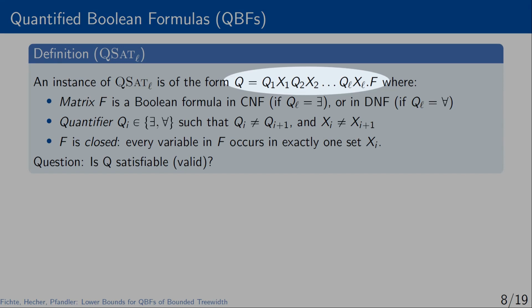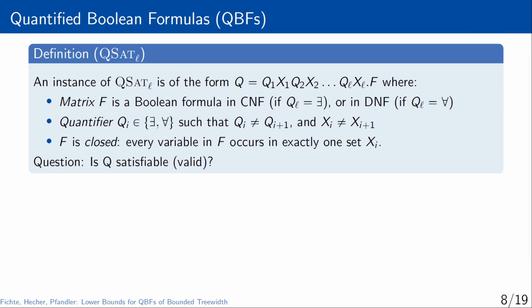Before we go into details of our reduction, we will quickly provide some background on quantified Boolean formulas and QSAT. An instance of QSAT is a so-called quantified Boolean formula, or QBF for short, which consists of a quantified prefix and a matrix. The quantifier prefix of a QBF consists of an alternating sequence of existentially and universally quantified sets of variables, where the matrix is in conjunctive normal form if the last quantifier is existential, otherwise it is in disjunctive normal form.